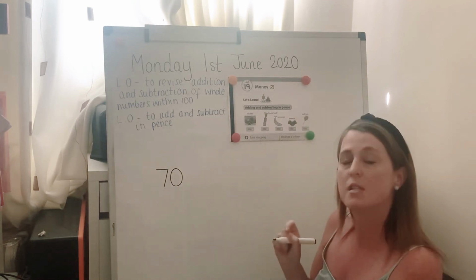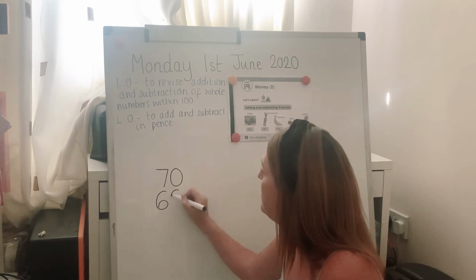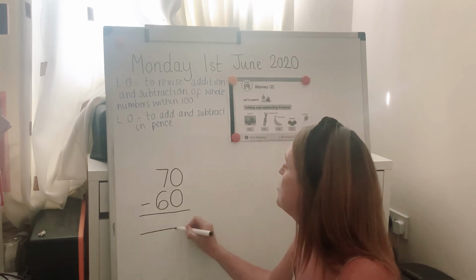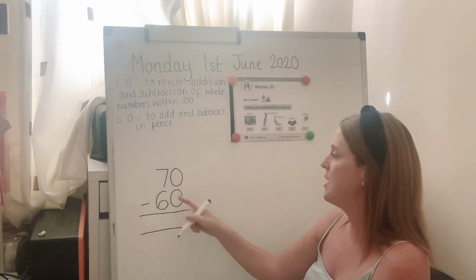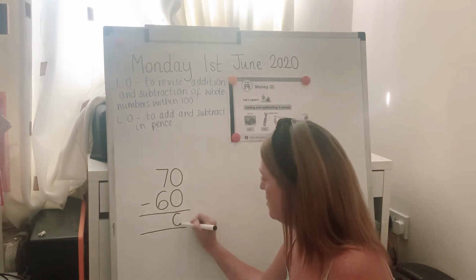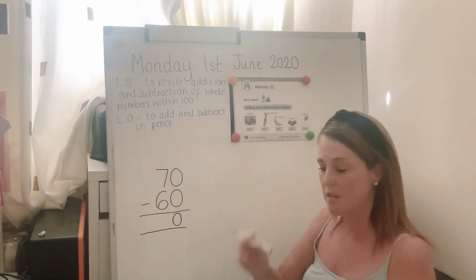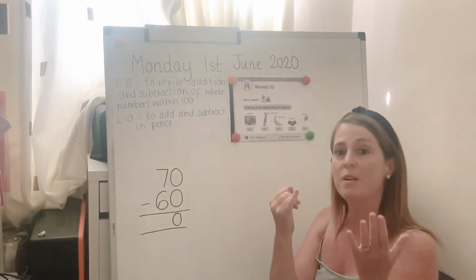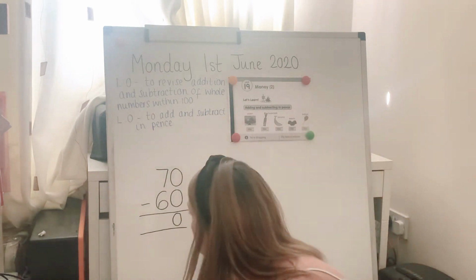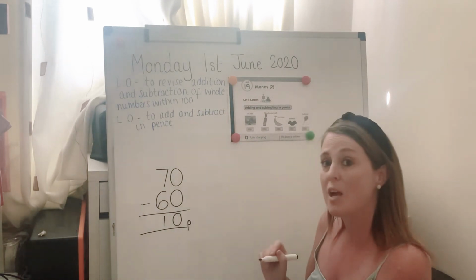Now we know a sticker's 60p, don't we? So if Miss Duthie had 70p and she bought something for 60p, we need to take those away. So 0 take away 0, because we do the ones first, is 0. 7 take away 6. Okay, 7 in my head, take away 6: 7, 6, 5, 4, 3, 2, 1. So Miss Duthie would have 10p change.